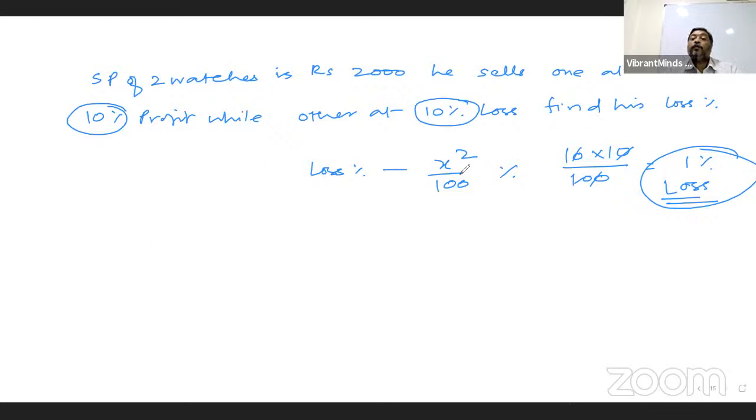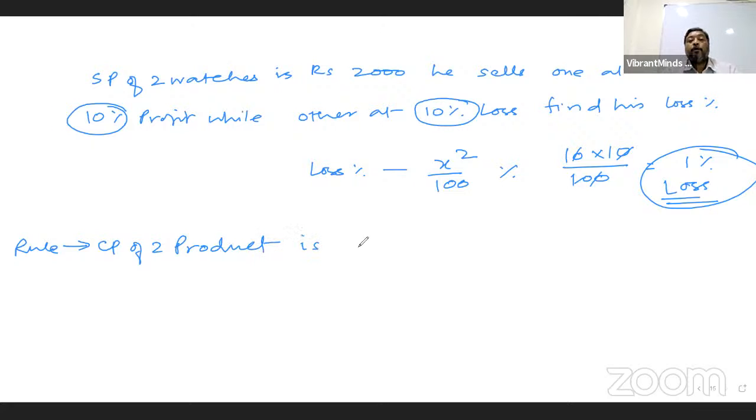So through the shortcut, we can find out very easily. Again, go through one rule. Now here the rule says selling price of 2 watches. And here we will write cost price of 2 products.